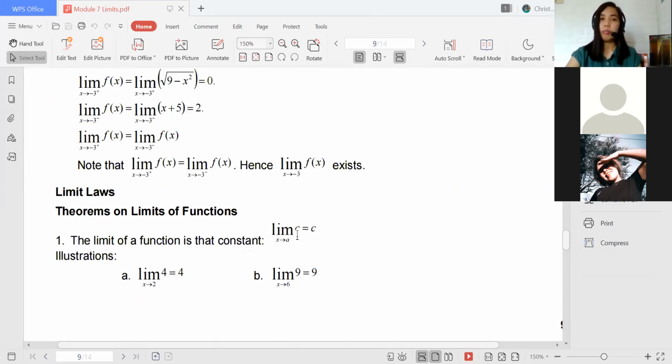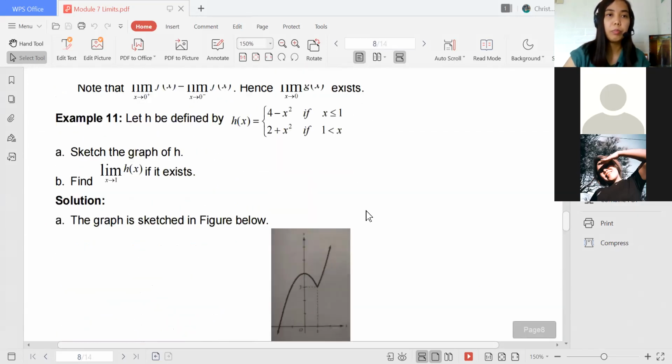Like this one, the limit of 4 as x approaches 2 is 4. The limit of 9 as x approaches 6 is 9. Is that clear? Yes po, ma'am. Okay. So let's continue.